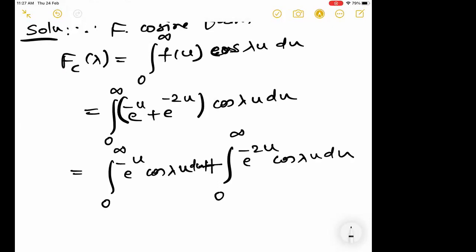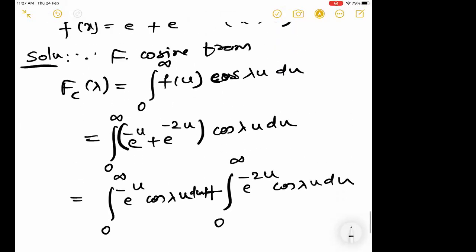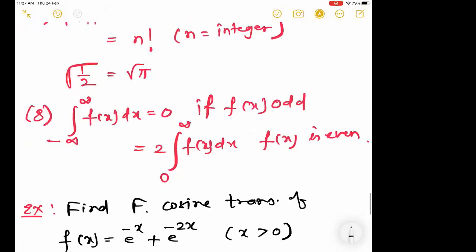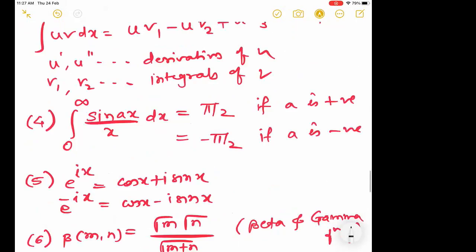Now which formula will you use? Refer to the second result, the formula for e raised to ax cos of bx.